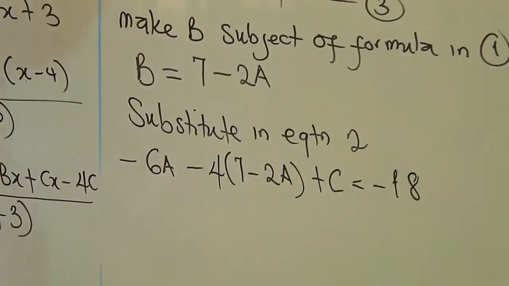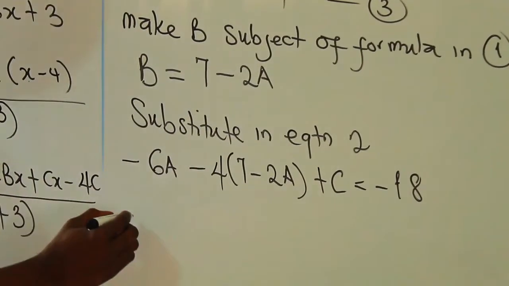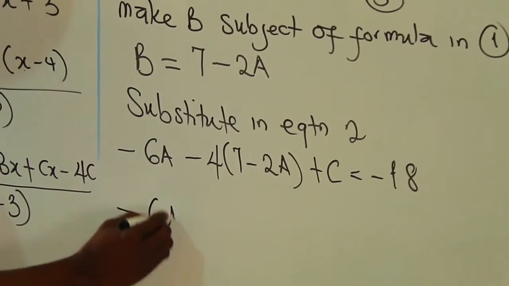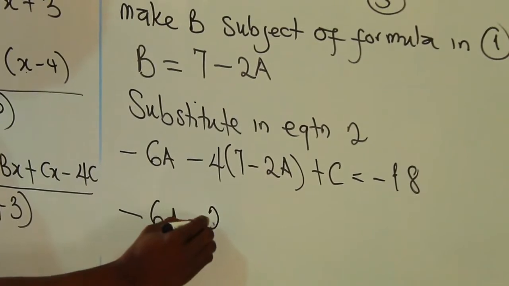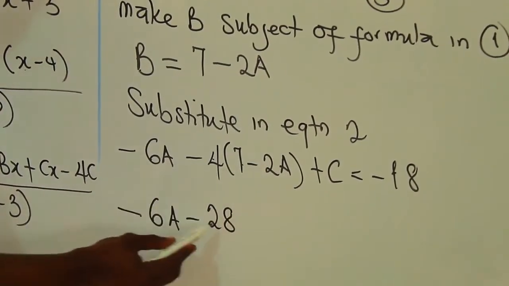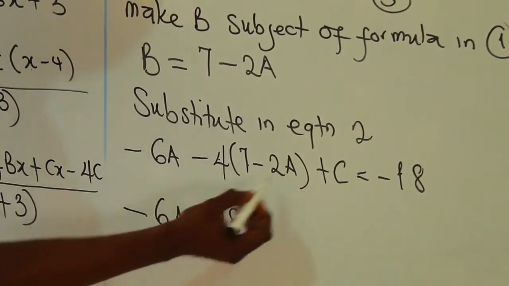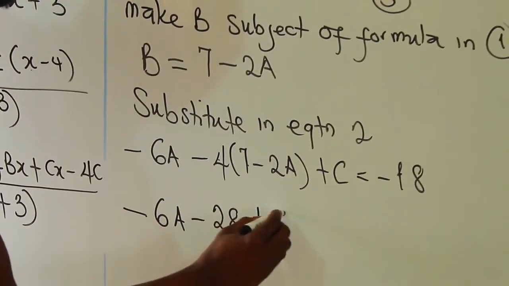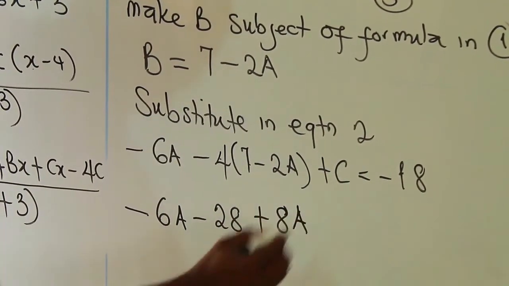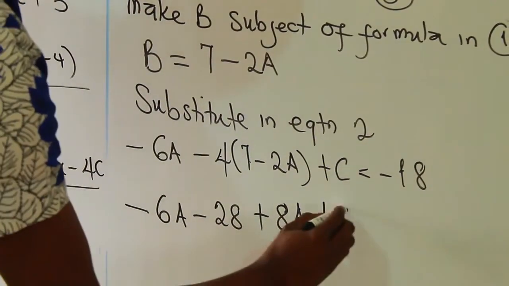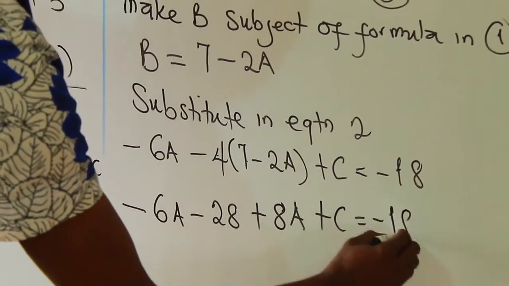I have to be careful with signs in order to get this right. I have minus 6a minus 28. I used 4 to multiply 7 to get 28. And I'm also going to use minus 4 to multiply minus 2a to get plus 8a. Then plus c to be equal to minus 18.